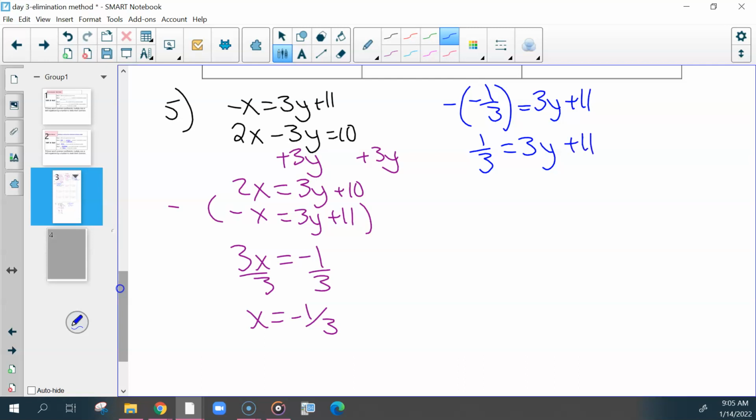And then we could solve for y. Do we see fractions often? No, I think there's only one more example in this. I don't believe that happens very often in Khan Academy. It may happen, I'm not sure. But it shouldn't happen in Delta Math, I believe. Someone put in your calculator 1/3 minus 11.